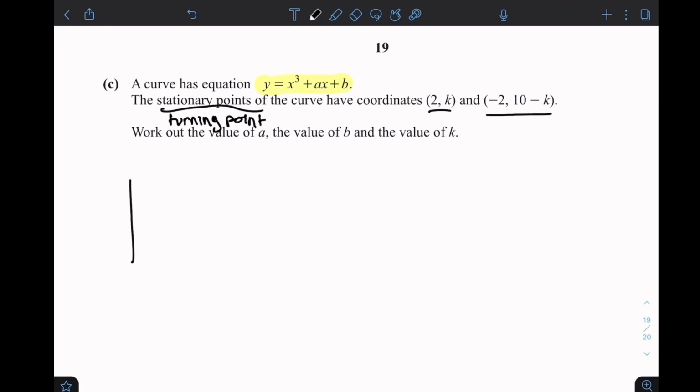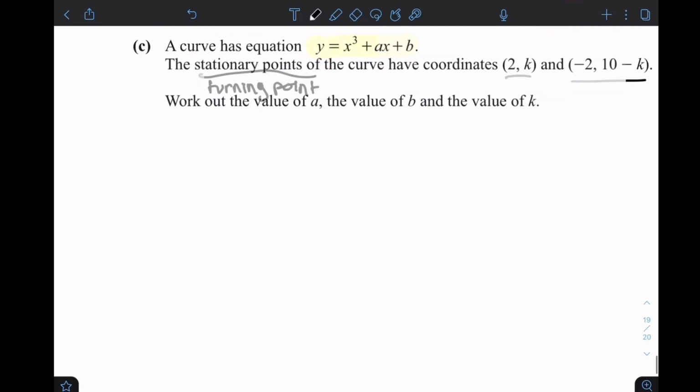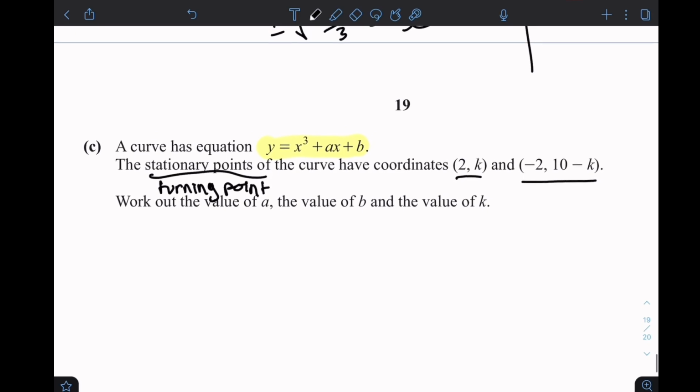In a graph, when there's a turning point, the gradient of the line is zero, because differentiation is used to find that. If you draw a line over the curve at the point, it's a horizontal line, which indicates that the gradient is zero, and that's why it's called a stationary point.